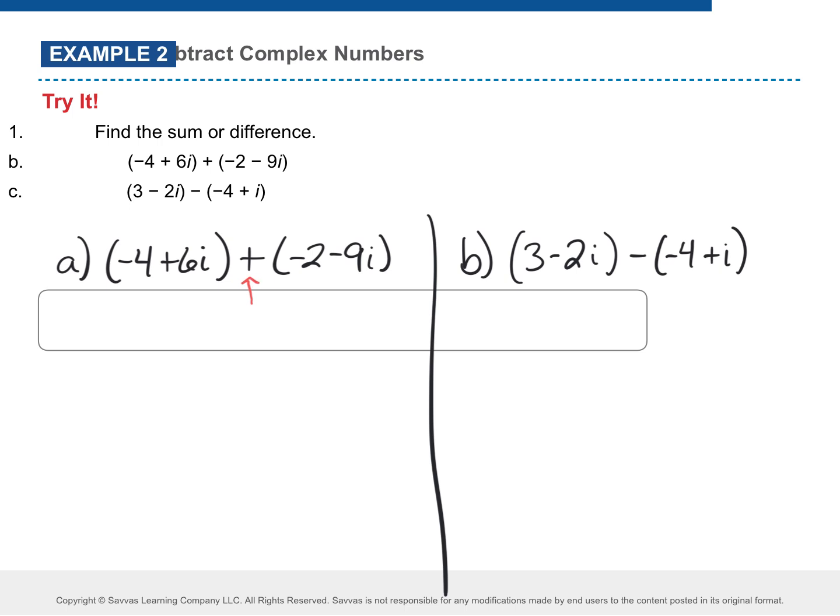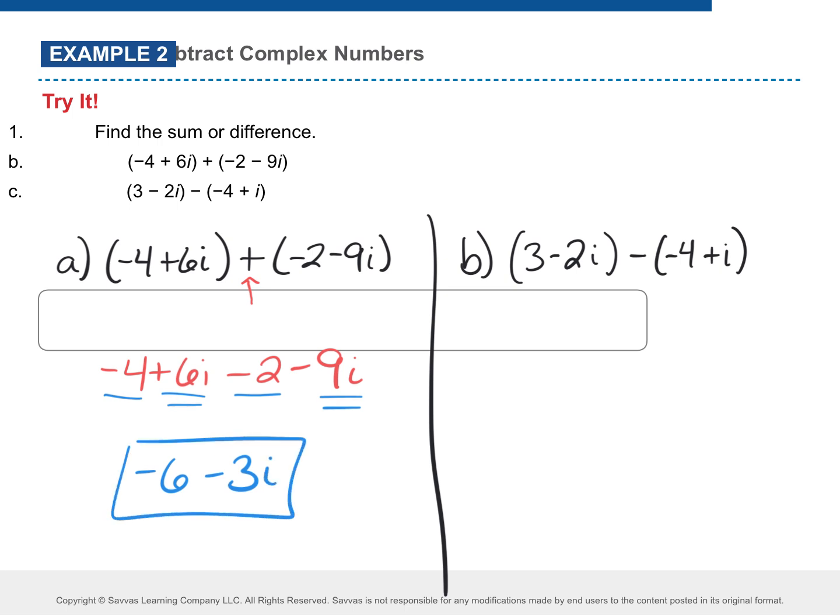Addition. So does anything change? No. Take the parentheses away. So we have negative 4 plus 6i minus 2 minus 9i. All I did was take the parentheses away. What do we do next? Combine like terms. Negative 4 minus 2, negative 6. 6i minus 9i, negative 3i. Is it in the form we want? Yes, a plus bi form. We're good.